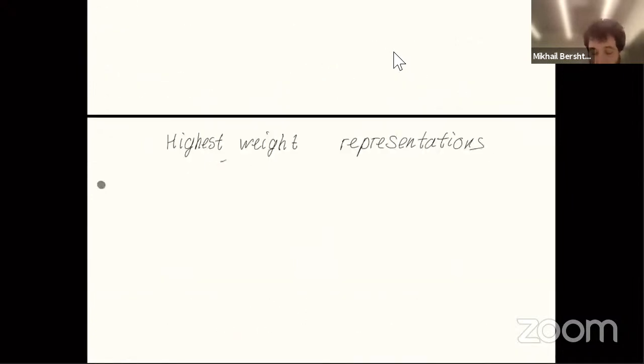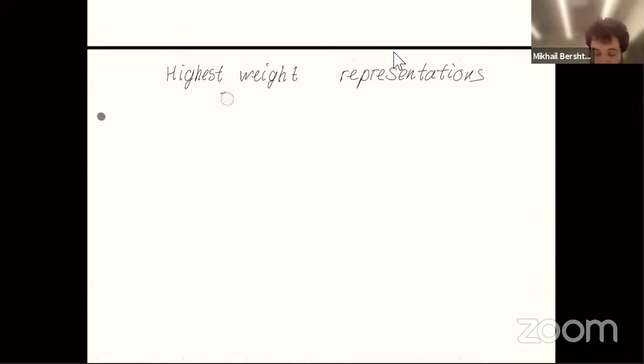Another class of representations are highest weight representations. So here we have, first, usually people define Verma modules. I will define them over the algebra G hat.